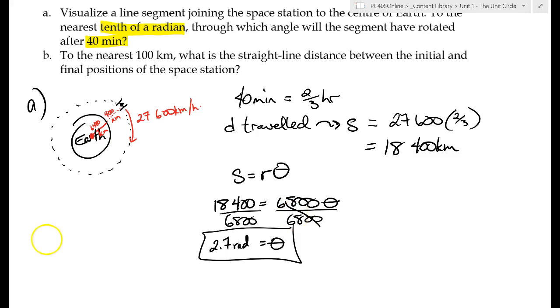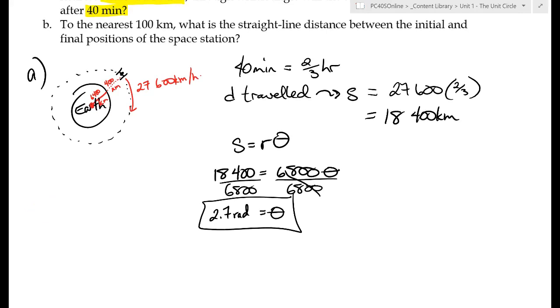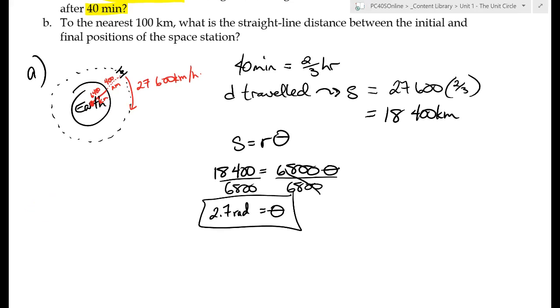To the nearest 100 kilometers, what is the straight line distance between the initial and final position of the space station? So this becomes a little bit trickier. So it's traveled. Again, I'm going to draw a picture.